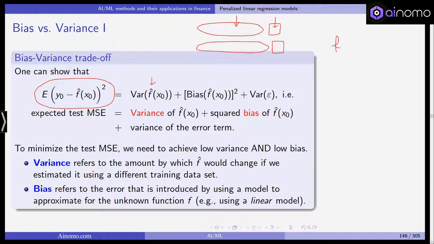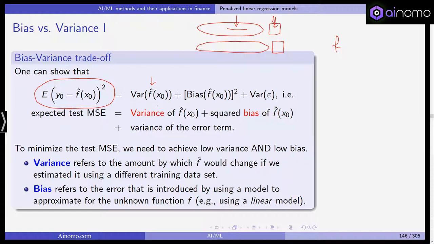So if we have this training data sample, what error is introduced by the fact that we're using the assumption, for example in OLS, but also in ridge regression, that we're using a linear model to estimate f. So that's the bias.